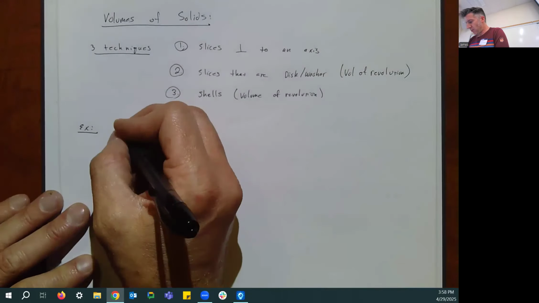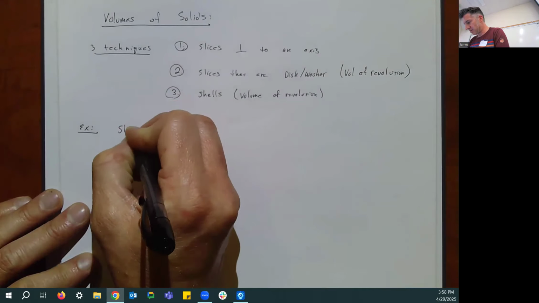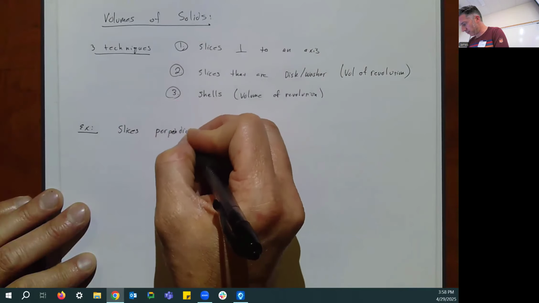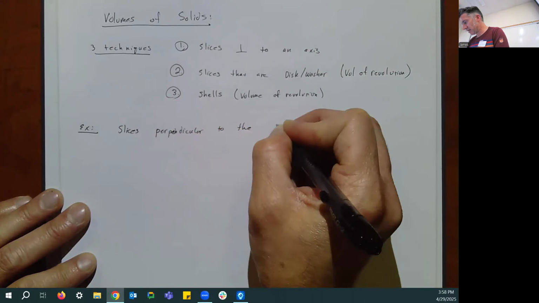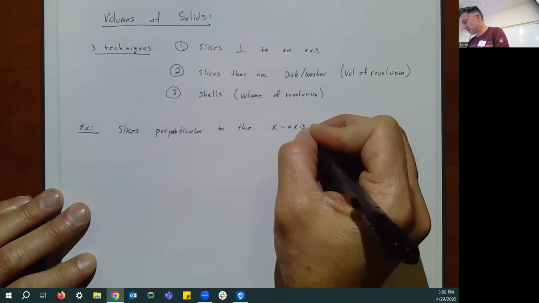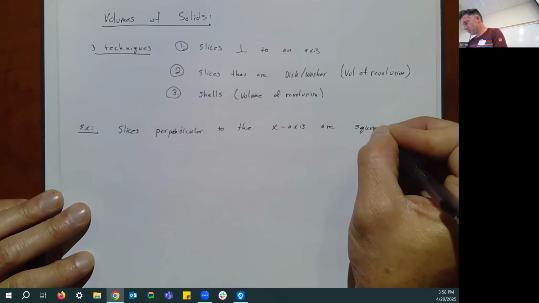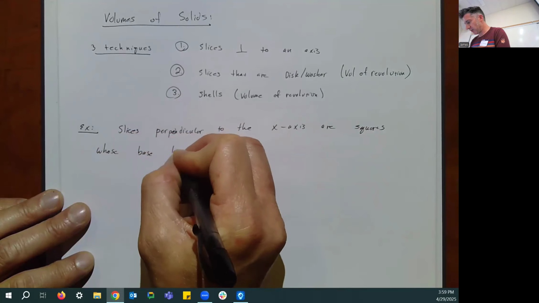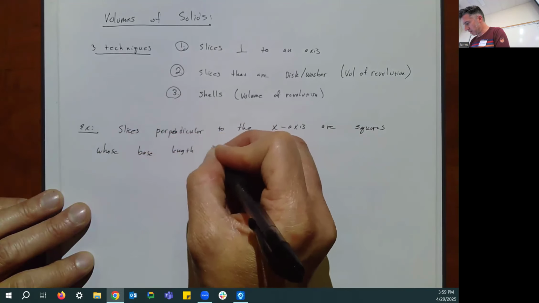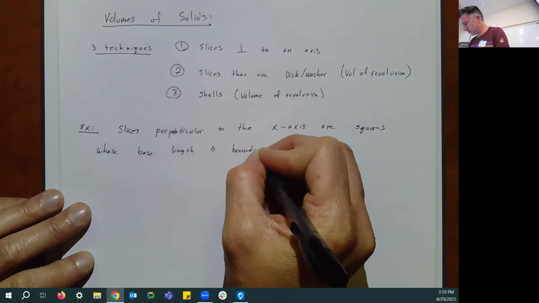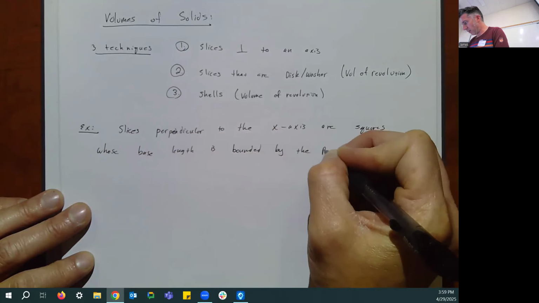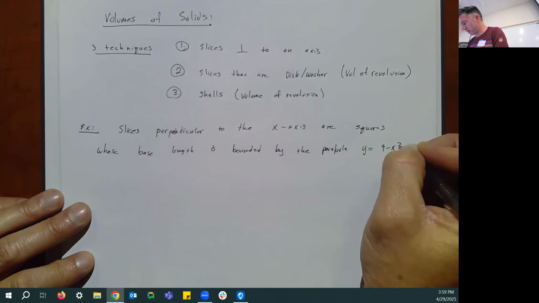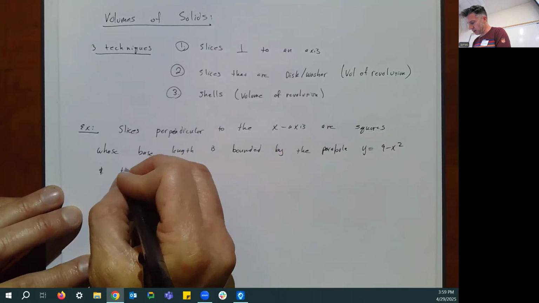Let's say slices perpendicular to the x axis are squares whose base length is bounded by the parabola y equal to 9 minus x squared and the x-axis.